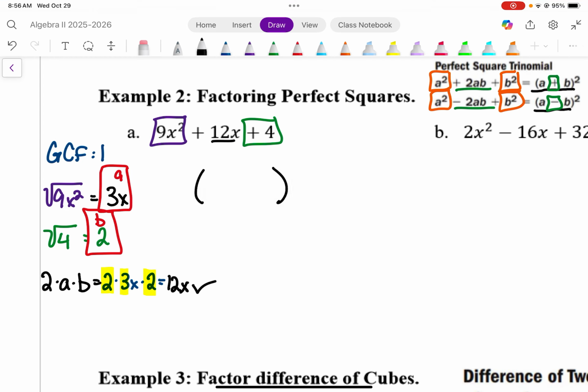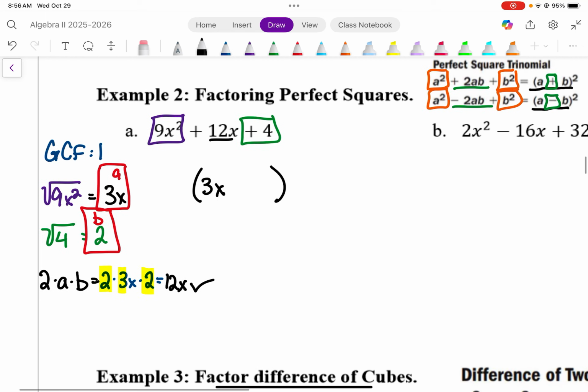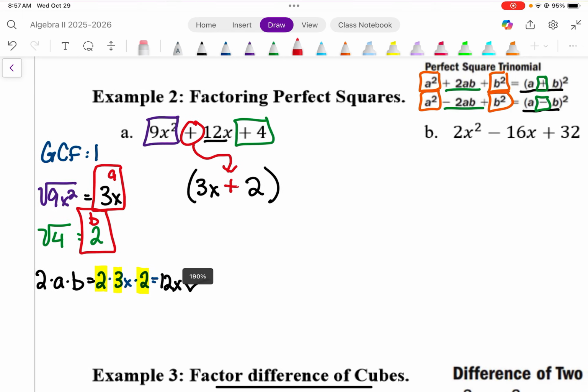In our parentheses, we would start with our a value, 3x, and then our b value is 2. The way you can tell if it's positive or negative is based on that sign in front of our 2ab term, so our second term. Because this is positive, we need a positive in the parentheses.